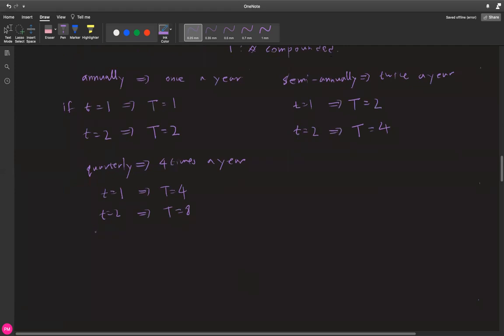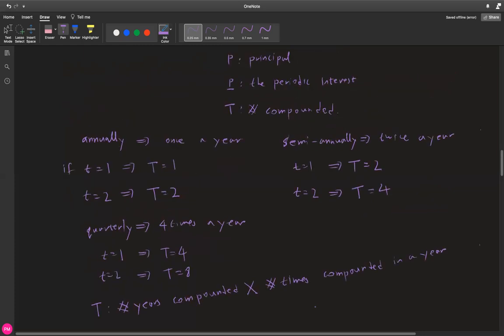So simply, we can say that the big T in this case is defined by the number of years compounded, multiplied by the number of times compounded in a year. Hence the total number of compounding.